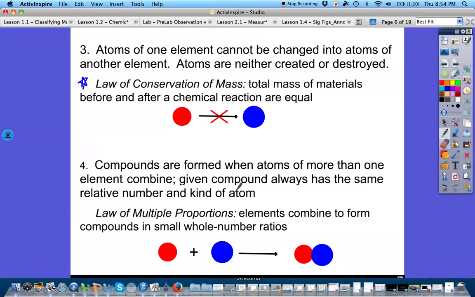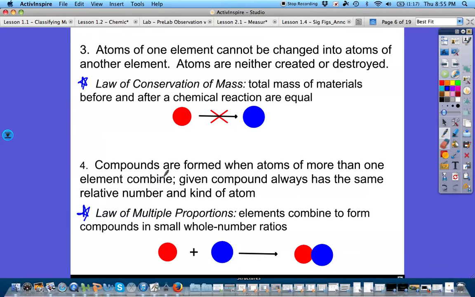And the fourth part of his atomic theory is that compounds are formed when atoms of more than one element combine. The given compound always has the same relative number and kind of atom. From that, we developed the law of multiple proportions, which says that elements combine to form compounds in small whole number ratios.